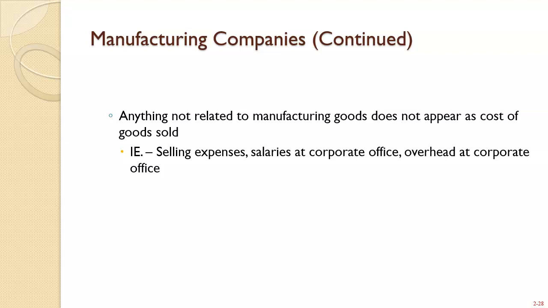This is just to reiterate: anything that's not related to manufacturing the goods or cost of goods sold does not appear in cost of goods sold. It's not used in that calculation for gross profit. It might be selling expenses, salaries at the corporate office, overhead at the corporate office, advertising expense, those other expense line items that don't roll up into cost of goods sold.